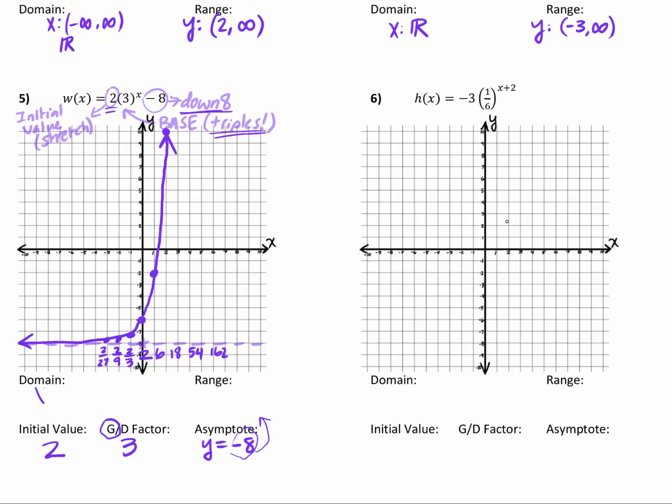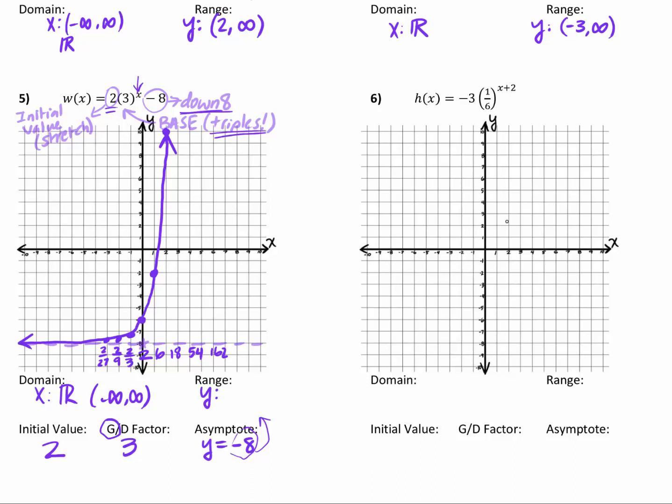So for my domain, the x values get to move left forever and right forever. There are no x values that do not work in that position. So all reals. If you want to put the infinities, you are more than welcome to do that. Next, the range, the y values. We are capped from going underneath -8. That is not an option.